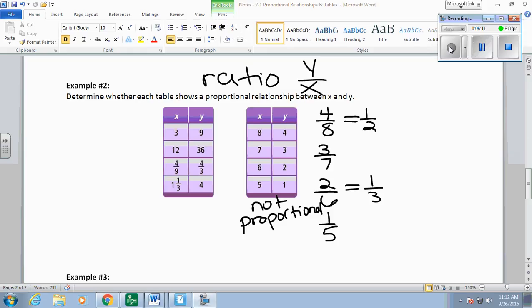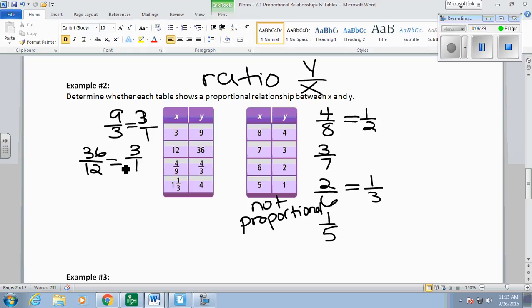On the other side, if I start off by saying 9 to 3, that reduces down to 3 to 1, not 1/3. If I now compare 36 to 12, that's going to reduce down to 3 to 1. And then now we get to the fun part with our fractions. We're still going to put 4/3 to 4/9.